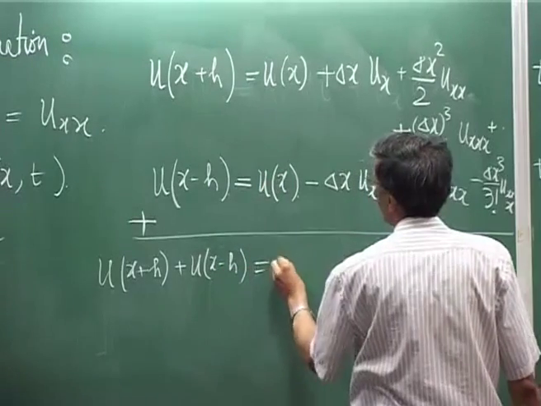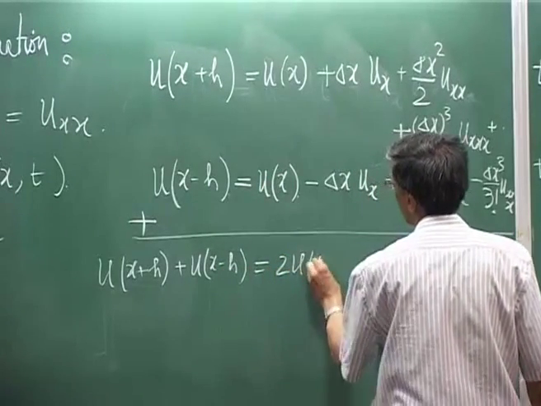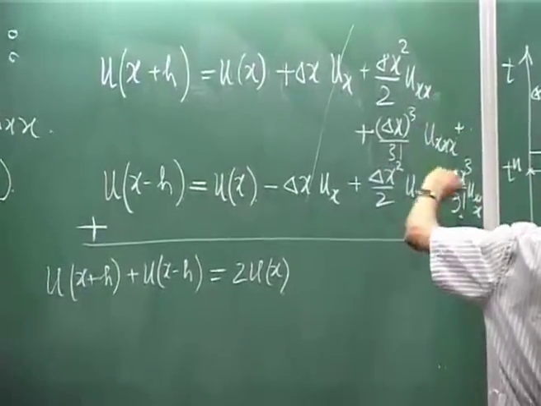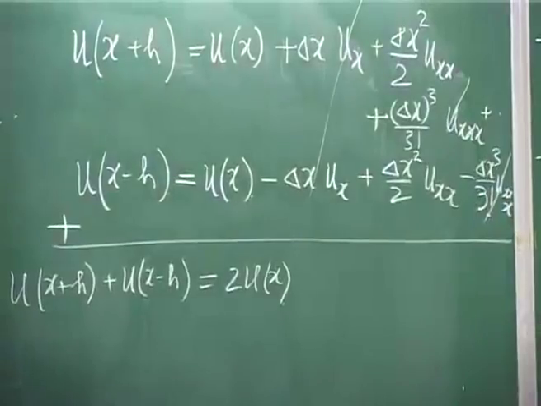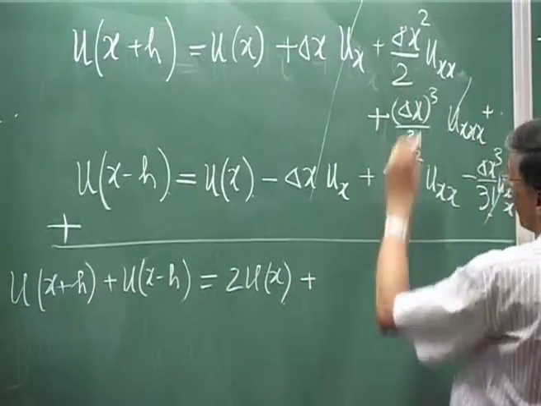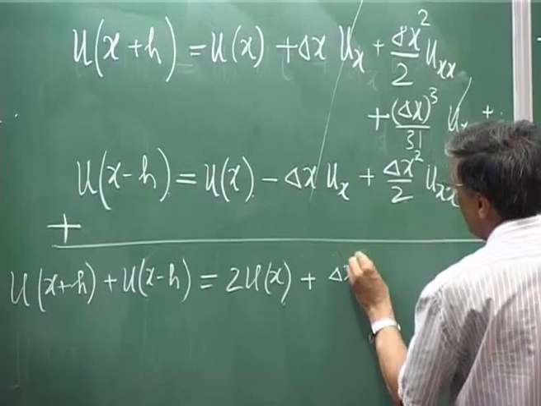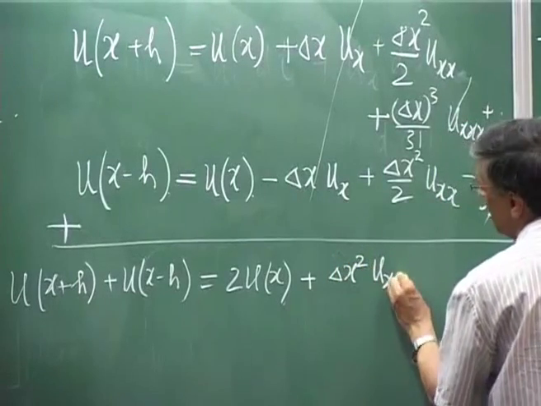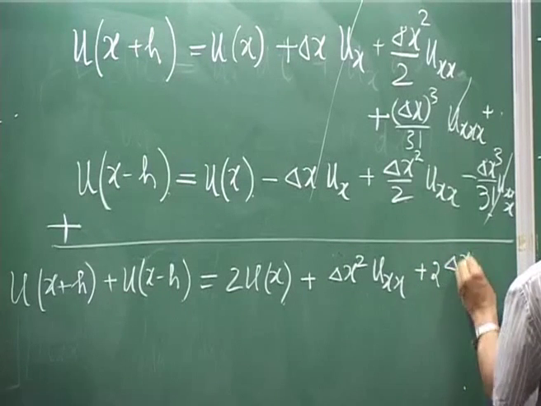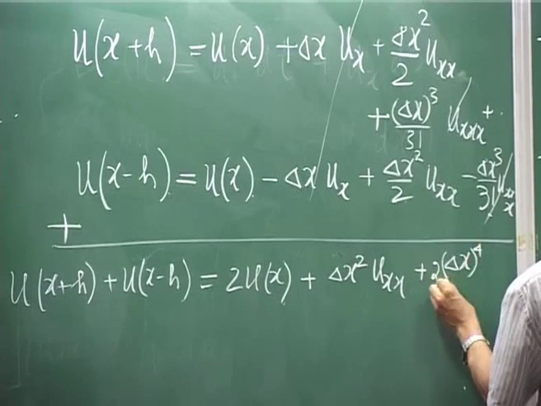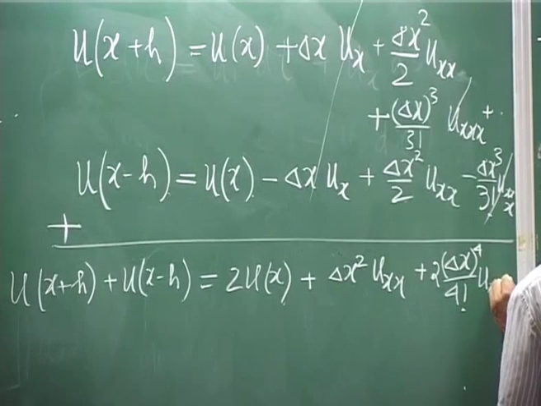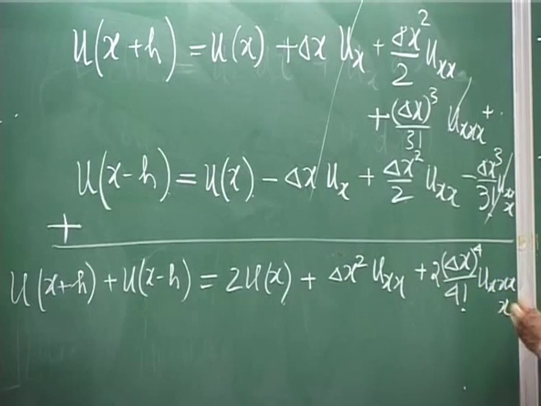On the right hand side, you will get 2 u x, and notice that all these odd derivative terms will cancel, this will cancel with this, and the first term that you are going to get is delta x square by 2, so a couple of them will give you this. The next set of terms you will get 2 times the fourth derivative term, right, and so on and so forth.